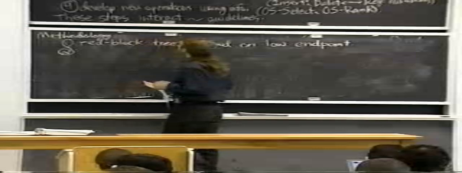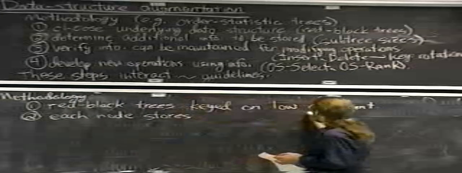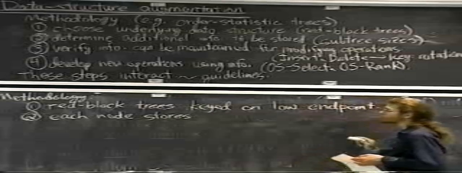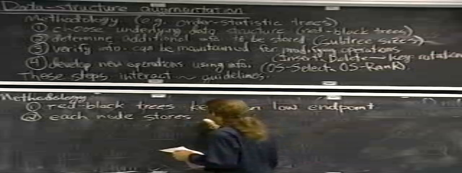The second thing we need to do is say, what additional information do we need? So each node is going to store this key, the low endpoint. That's what red-black trees do. But we're also going to store the interval that it's about.